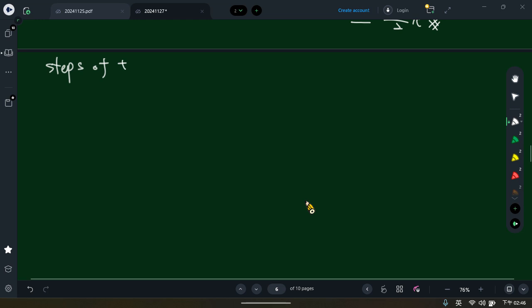Okay, so I will tell you the steps of the shell method. The first part is still to draw the region, and this is very important.